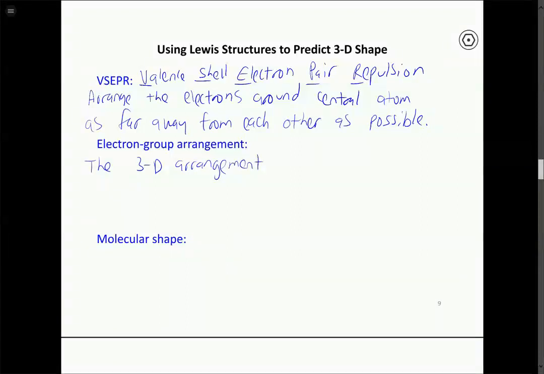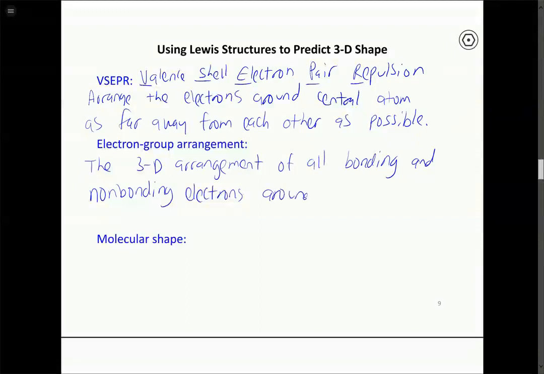So when we combine all of those valence electrons, we can define an electron group arrangement around that central atom.